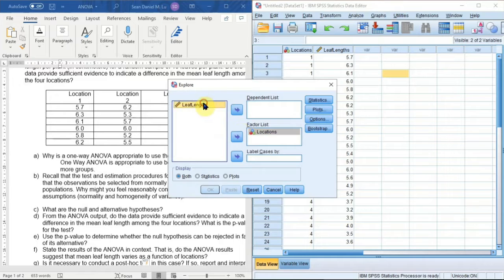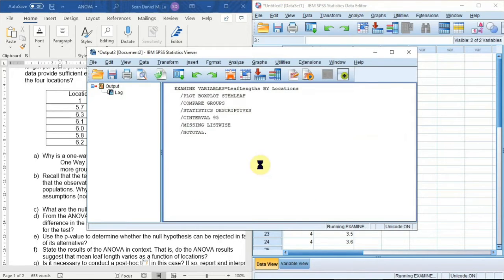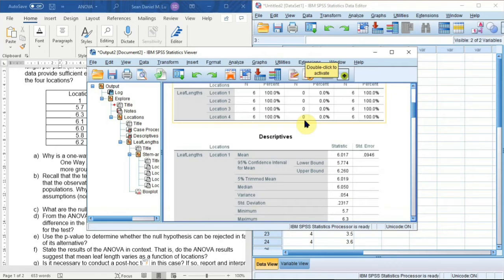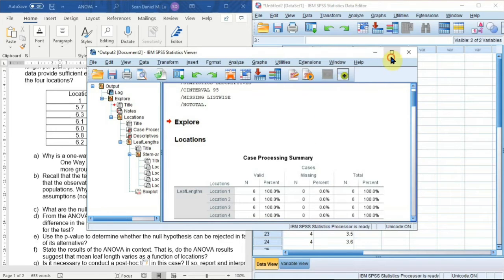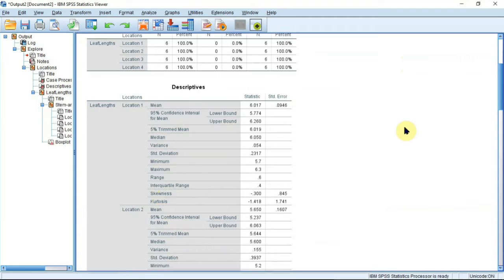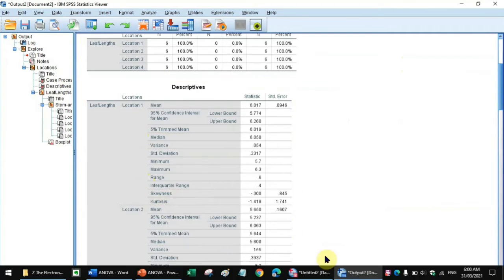Locations go in the factor list, leaf lengths in the dependent list. Okay. To test for normality, take a look at the skewness ratio for all locations.